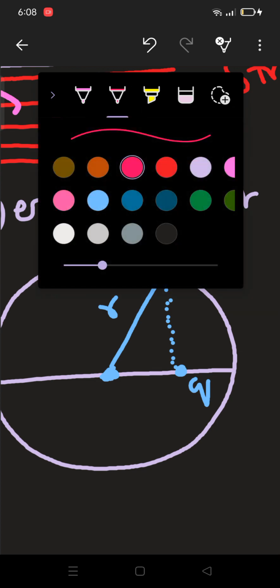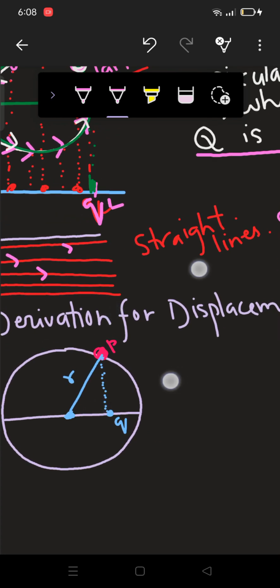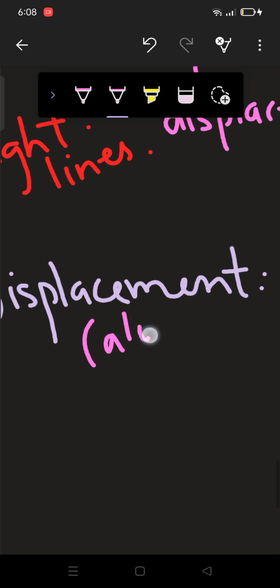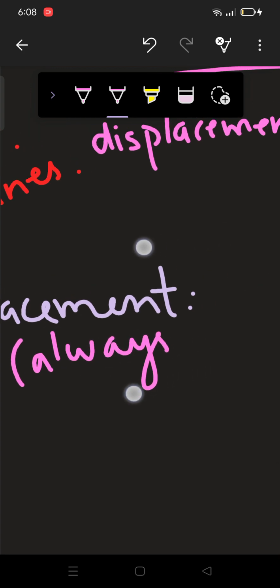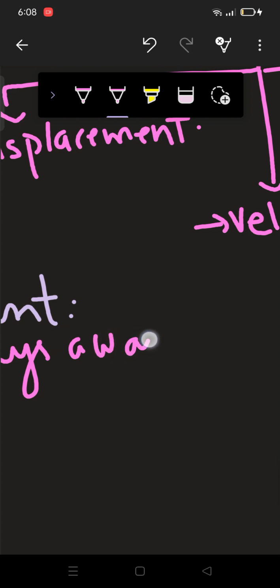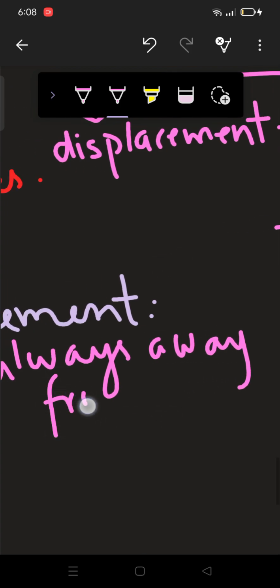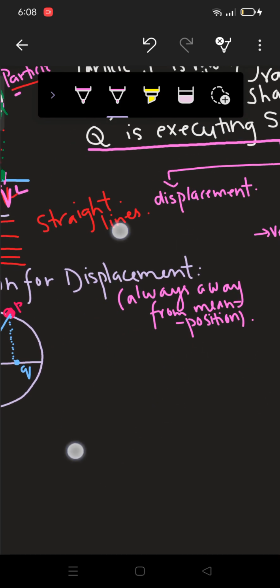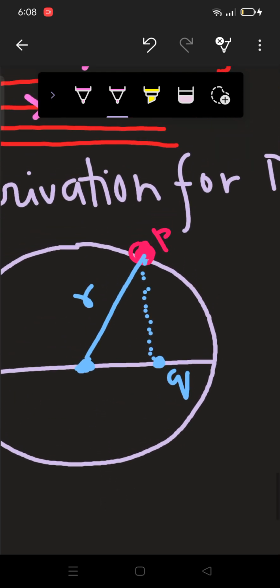Now see, we have already talked about how displacement is always away from the mean position. This point must be noted, that it is always away from the mean position, which means here would be our displacement, and I am terming this as x.